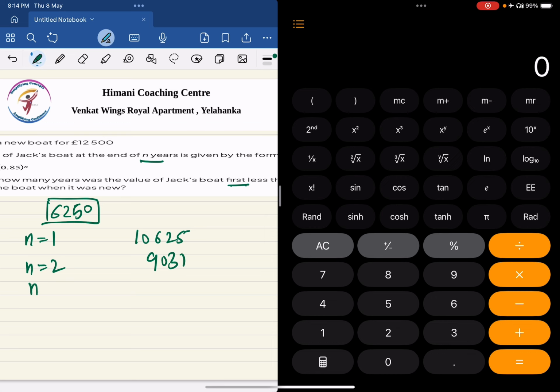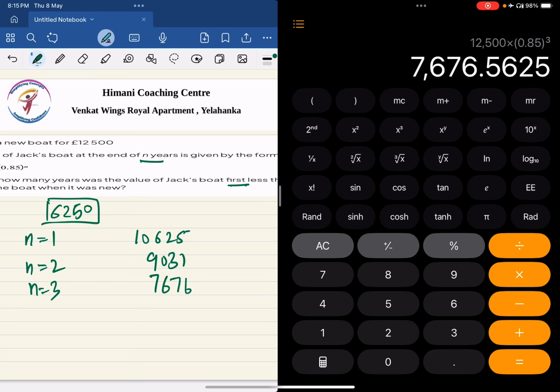Now let us put n as 3. So we will get what? 12,500 and you have 0.85 cubed, and we will get 7676, which is still greater than 6250. Now we will do what? n equals 4.